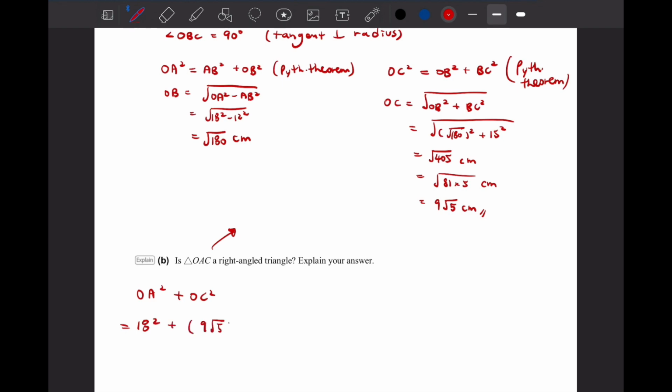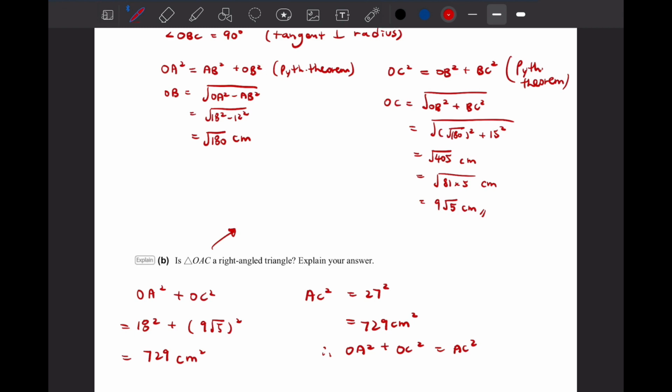OA squared plus OC squared equals 18 squared plus your 9 square root 5 squared, and it is 729 cm squared. And then AC squared is your 27 cm squared. And then you have this, so they are the same.